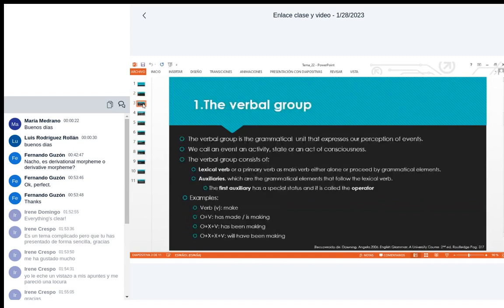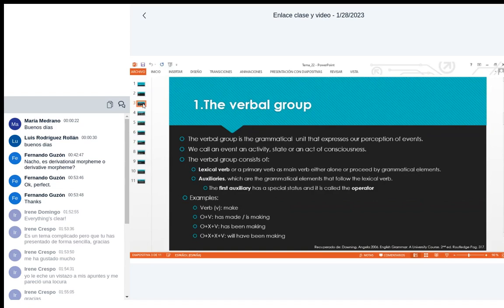Now the verbal group is a grammatical unit that expresses our perception of events. When we deal with the verbal group, this group is the one that, in linguistics and in syntax, allows the speakers to actually convey meanings in the present, in the past, or to express a modality, whereas the future, a doubt, obligation, or absence of obligation.